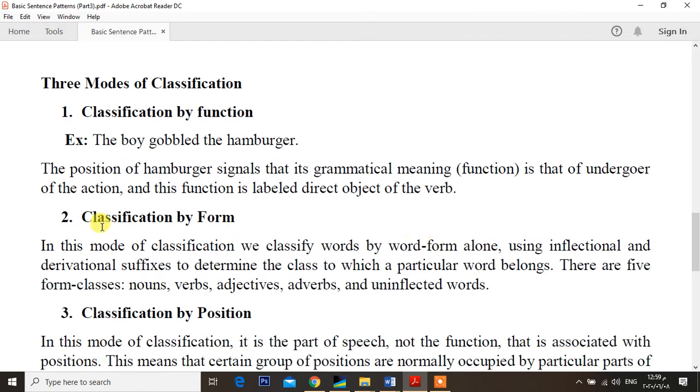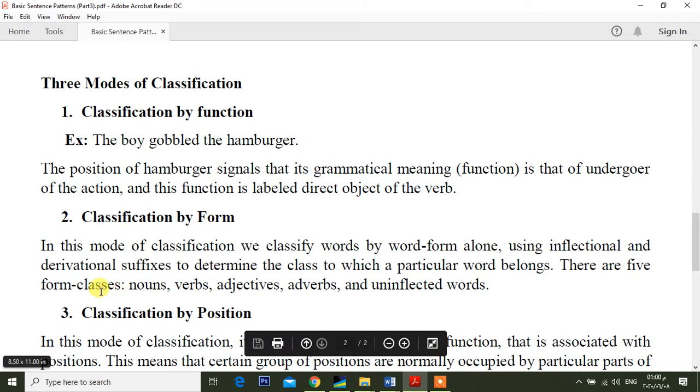The second one, classification by form. In this mode of classification, we classify words by word form alone, using inflectional and derivational suffixes to determine the class to which a particular word belongs. There are 5 form classes.